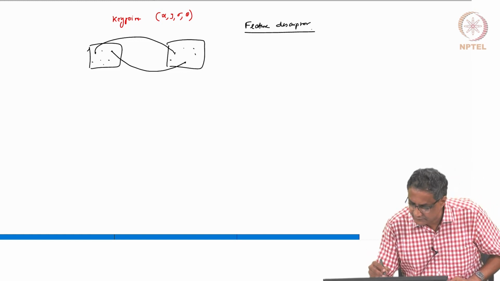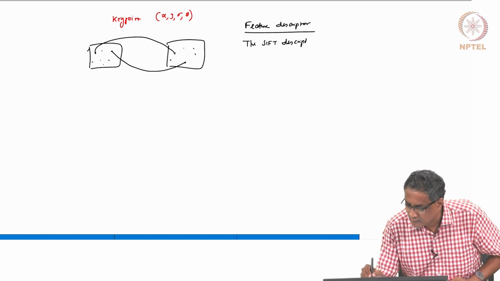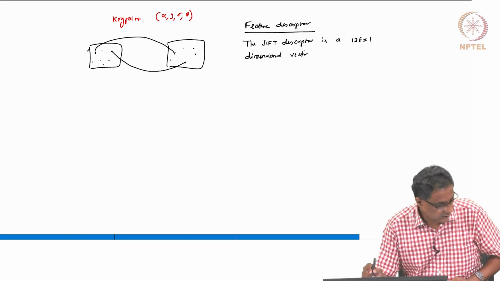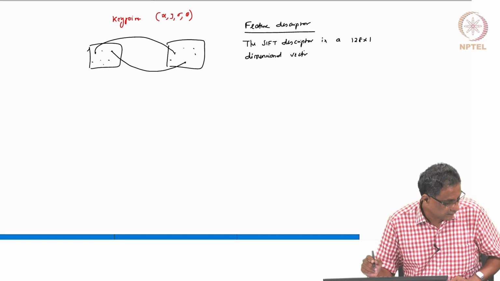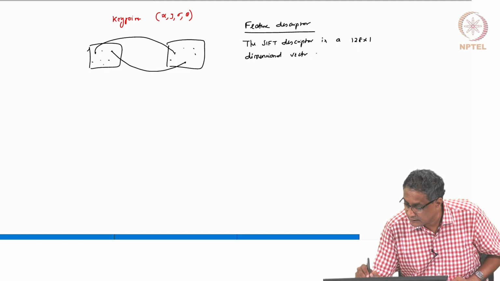Now the SIFT descriptor is a 128 by 1 dimensional vector, which is derived as follows.